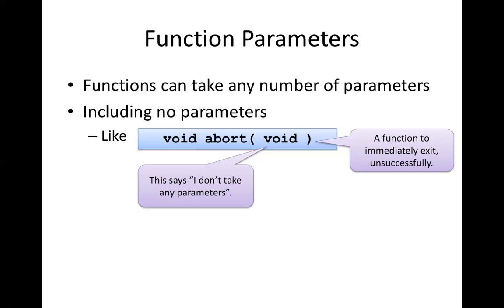Depending upon the warnings you've got turned on in your compiler, if you write a piece of code and then at the bottom of your function you just forget to have a return statement, you'd like to have a warning about that. If the compiler thought it was a void function, it wouldn't warn you. But if you said this function is supposed to return an int, and there was a path through the function where it didn't return anything, at least the compiler can let you know about that.